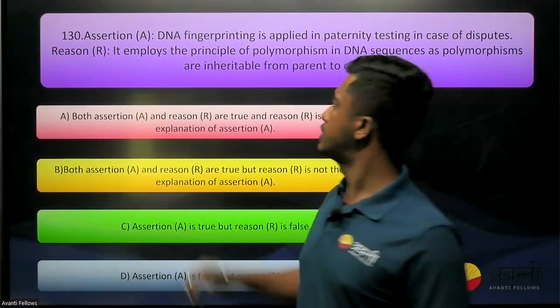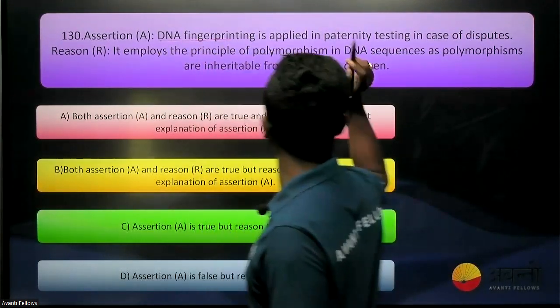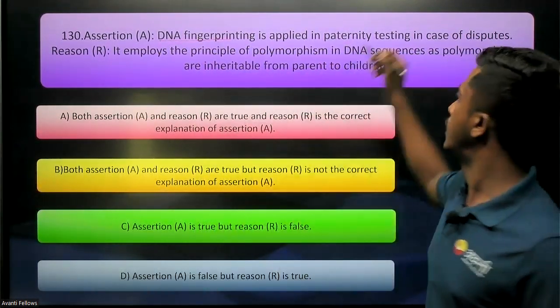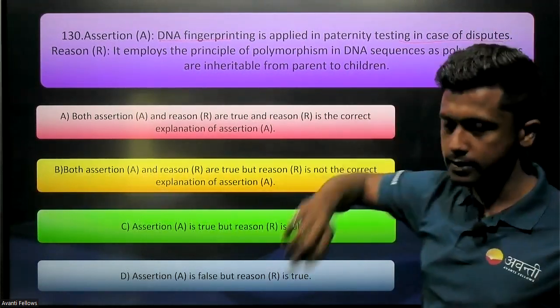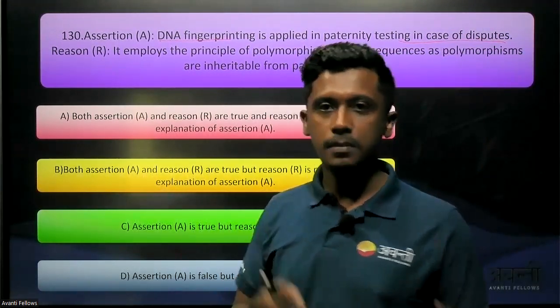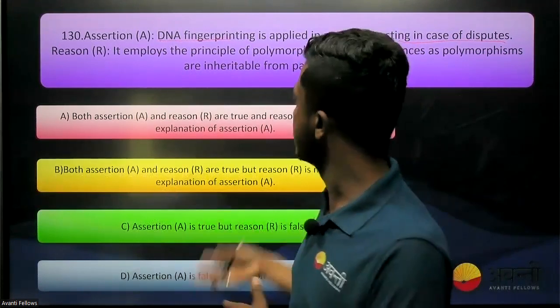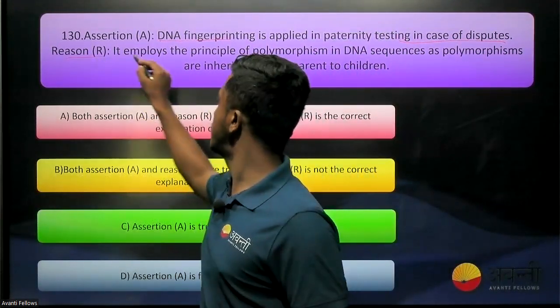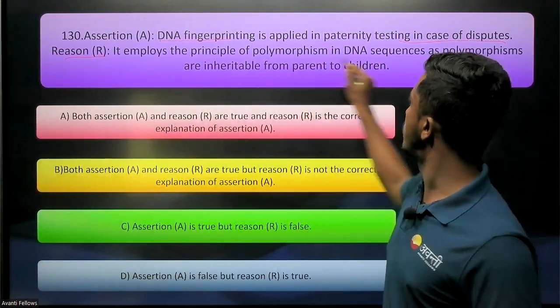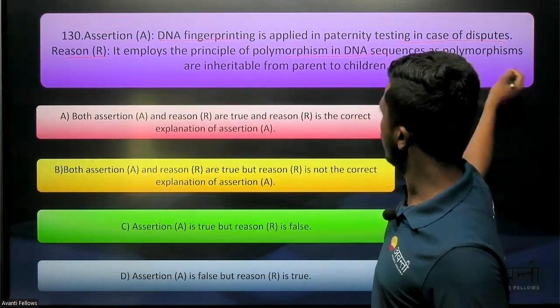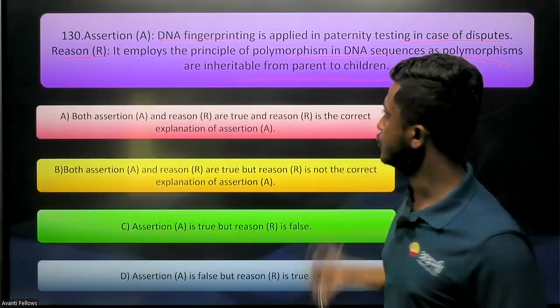When we look at this question, look at the first statement. DNA fingerprinting, we use it for solving paternity cases. Yes, correct, to understand who is the mother, who is the father, or whose kid it is. Next, it employs the principle of polymorphism in DNA sequences, and polymorphs are inheritable from parents to children.